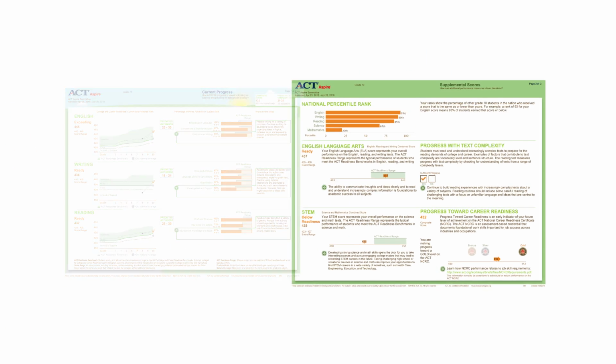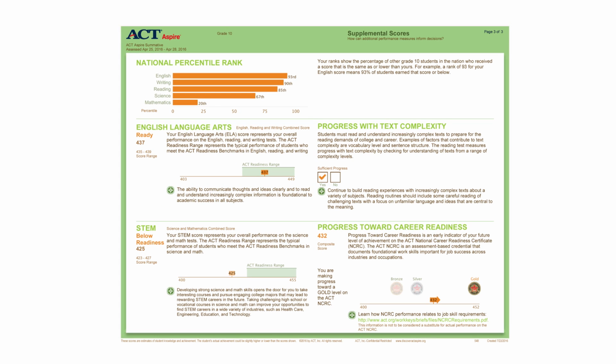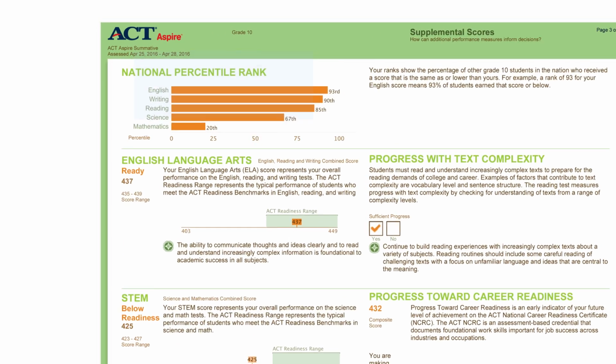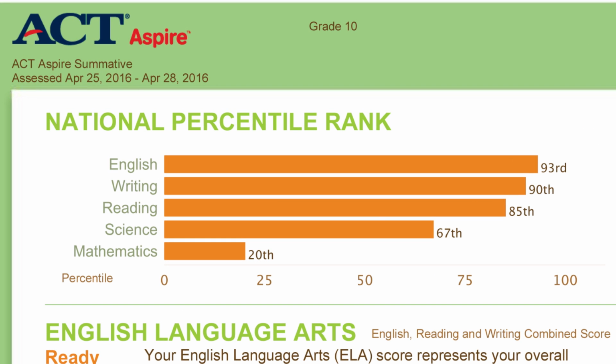The other report you will receive is the Supplemental Scores Report. This report shows how your student compares to students across the nation. In English, this student scored in the 93rd percentile. This means this student scored higher than 93% of students his age across the nation.